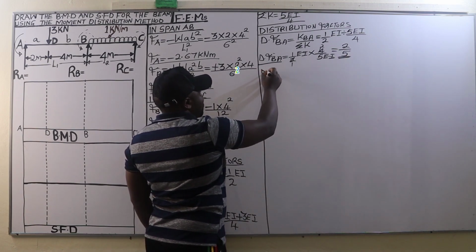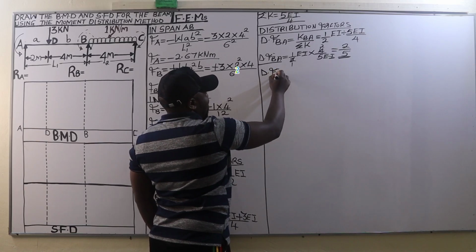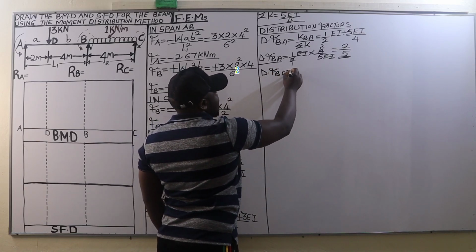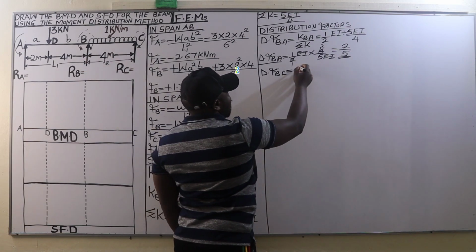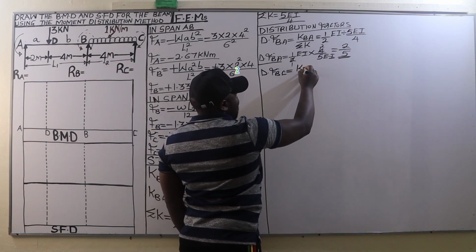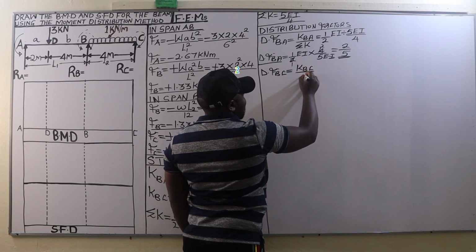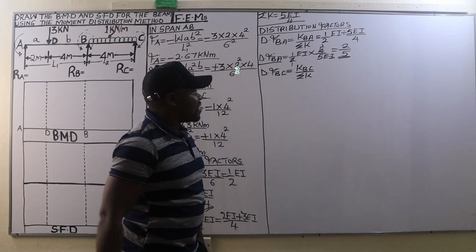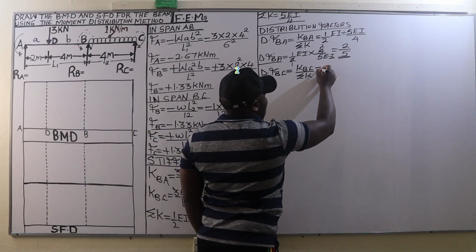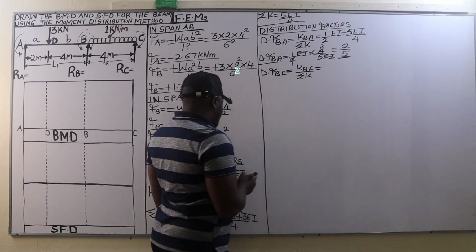From there, we go to the distribution factor on the member BC. On the member BC, this is going to be given by the stiffness factor on the member BC divided by the summation of the stiffness factors, which will be equal to KBC.